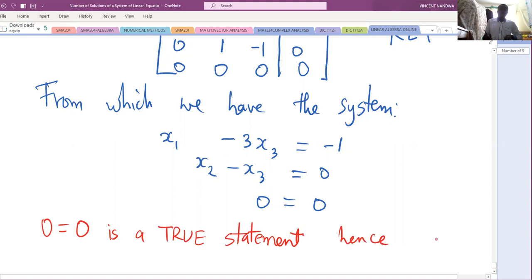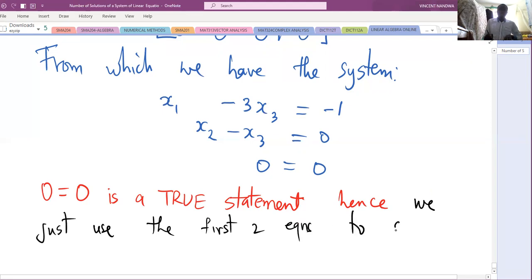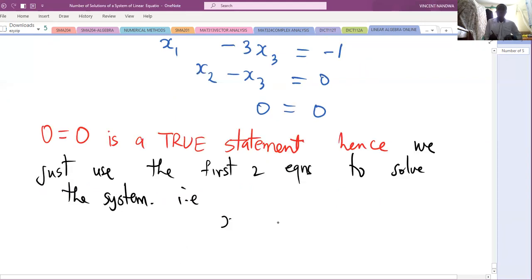Hence, to solve our system, we just use the first two equations, i.e., we are using x1 minus 3x3 equals -1 and x2 minus x3 equals 0.